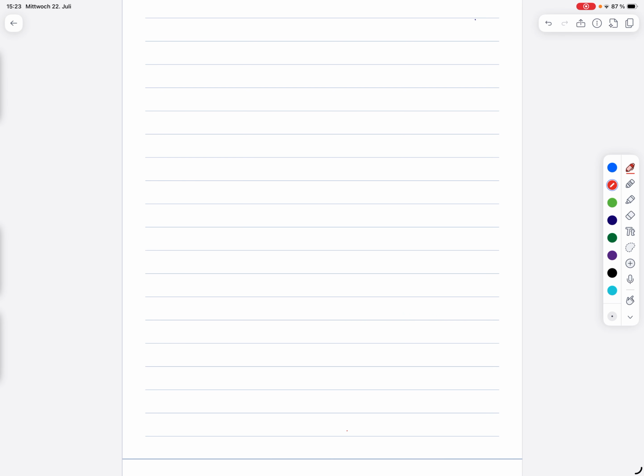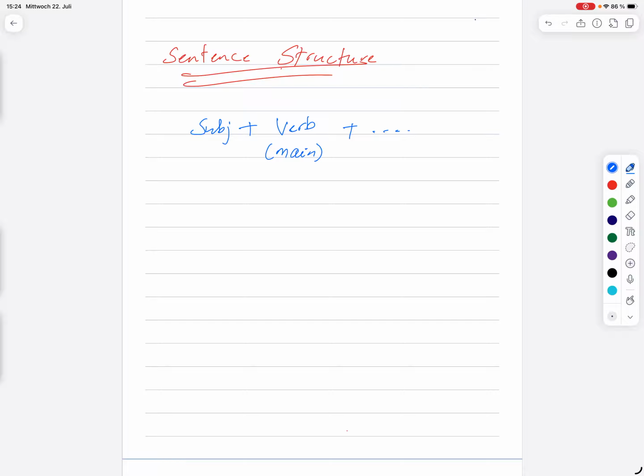So as you know, for a simple sentence in German the verb is always at the second position, right? The sentence structure is: you have the subject in the sentence, and then you have the verb, which is the main verb, and then you have information and then the object, right?